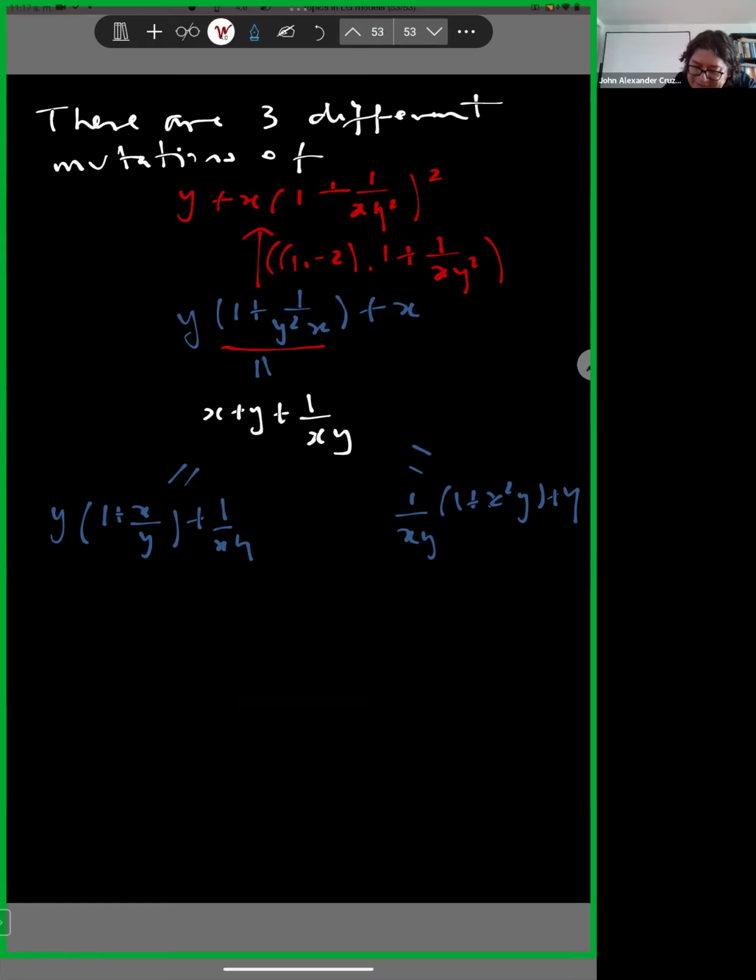So now we want to mutate with the direction 1, 1, and the factor will be 1 plus xy. And using the new definition, we get y plus x squared.